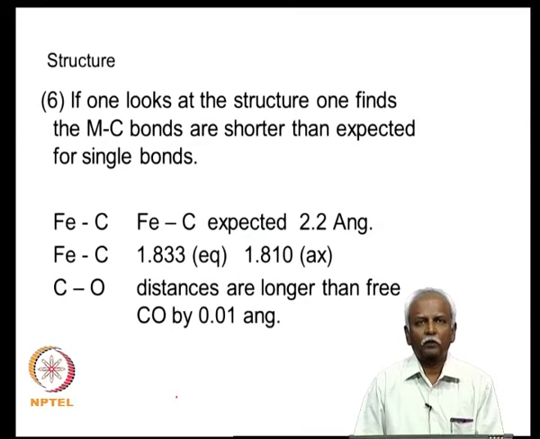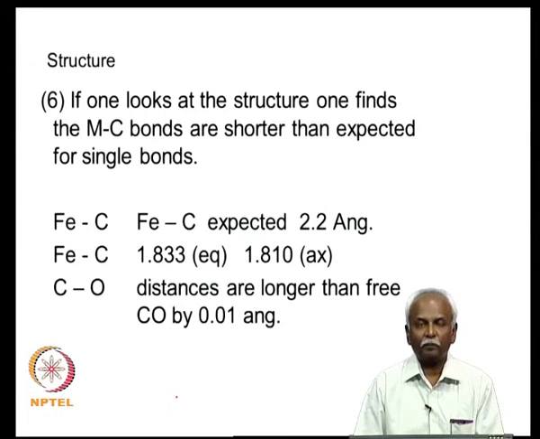Let us now move on to the structure of these compounds. We find that the structure of these compounds is governed by this 18 electron rule, but more than that, they are not single iron metal carbon bonds.